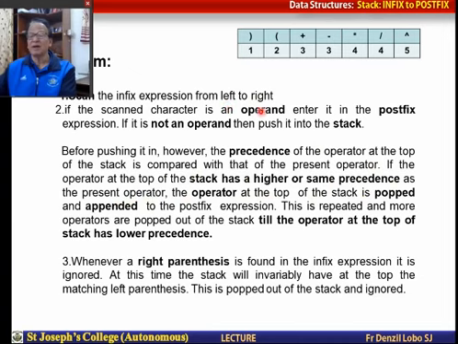Already there may be an operand; now you add the operator to that. This is repeated, and more operators are popped out of the stack till the operator at the top of the stack has lower precedence than the incoming operator. Then you insert the incoming operator onto the stack. So this has to be remembered.